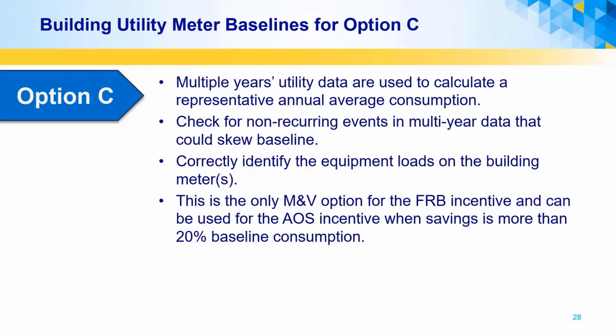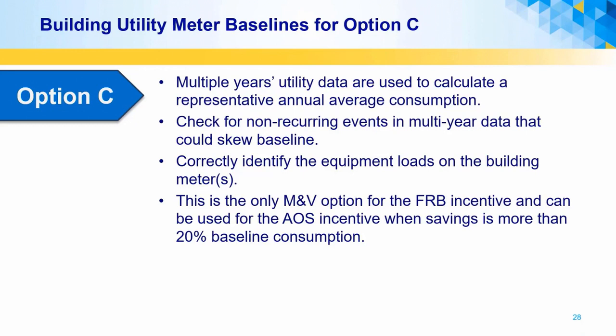To create a building level utility meter baseline, multiple years of utility data are required to calculate a represented annual average consumption value. When you look at these years of data, it is important to consider whether any one-time events may have increased or decreased consumption that are unlikely to happen in the future.